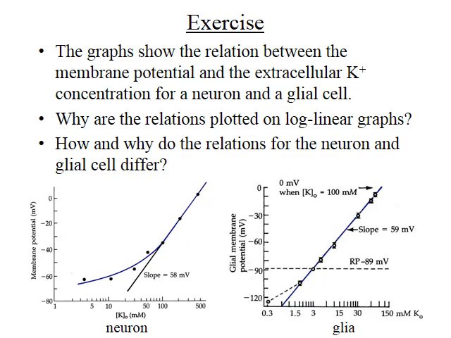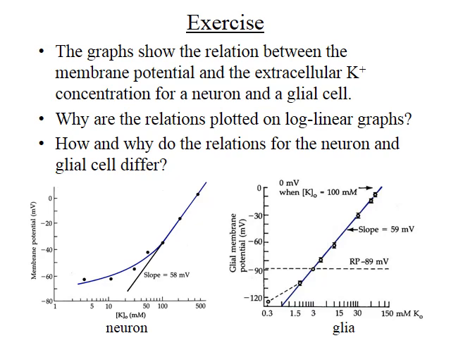We will continue our discussion of the Goldman equation by considering an experiment that was done many decades ago. The Goldman equation tells us that the membrane potential of a neuron varies as a function of the ion gradients across the cell membrane. And in this experiment, the ion gradient for potassium was changed by systematically varying the extracellular potassium concentration.